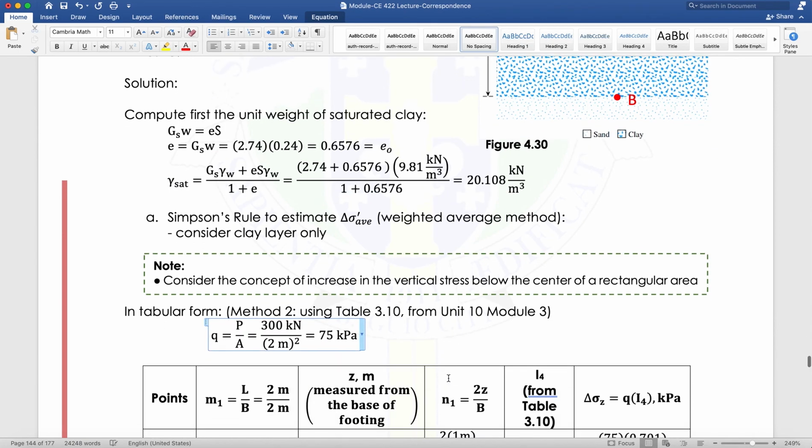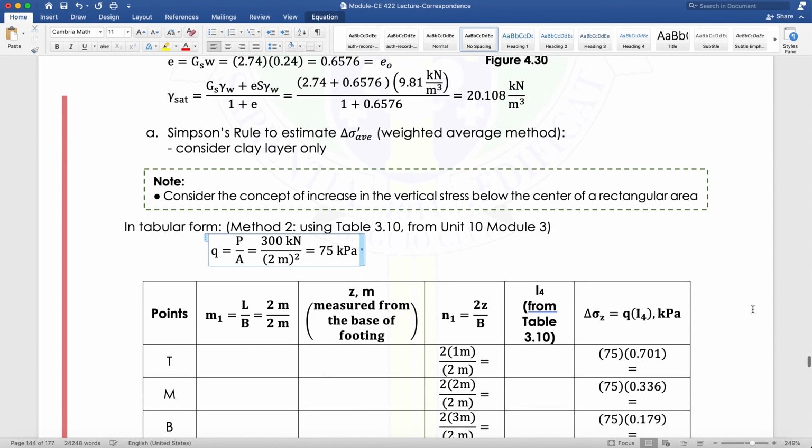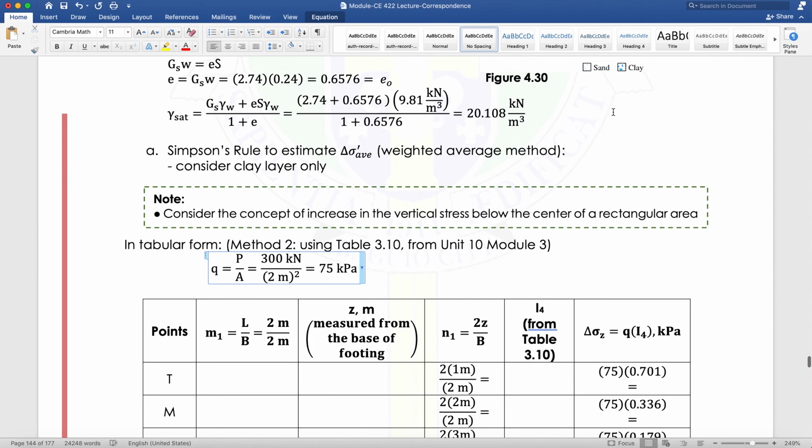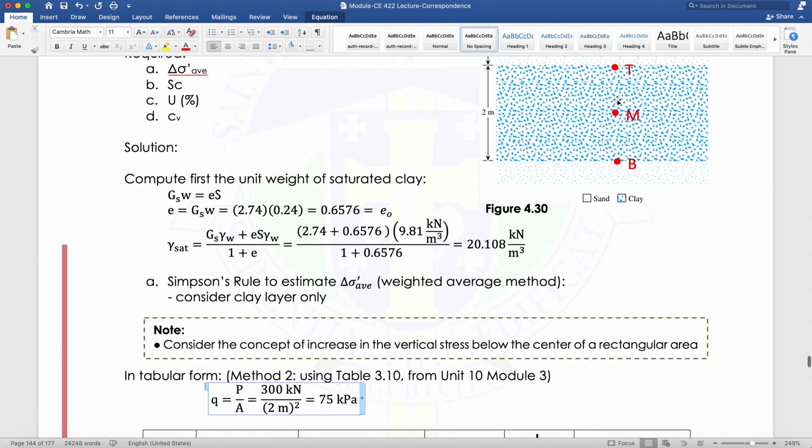Okay, now it would be easier if we use tabulation. For tabulation, we need to specify what points we are trying to analyze here. Take note, in our given, we need to determine the top, the middle, the bottom. So it will be T, M, B.